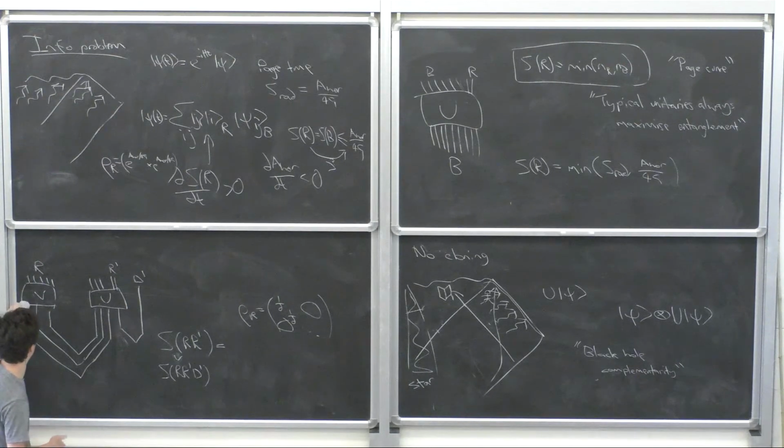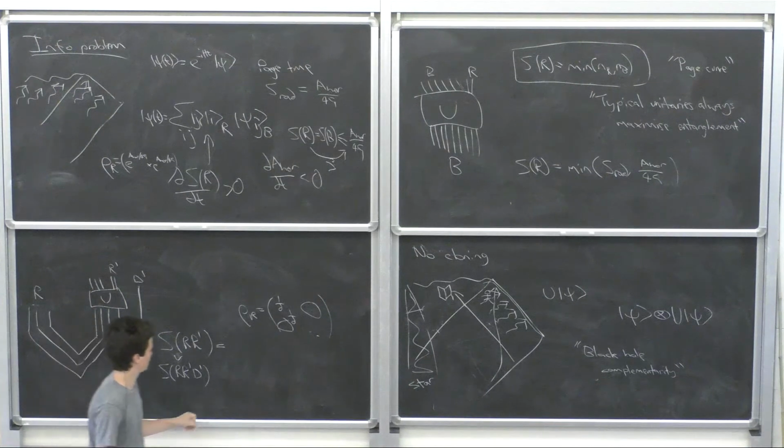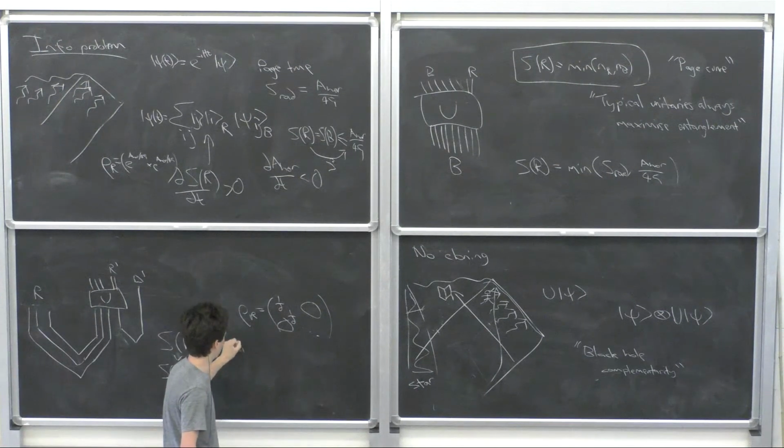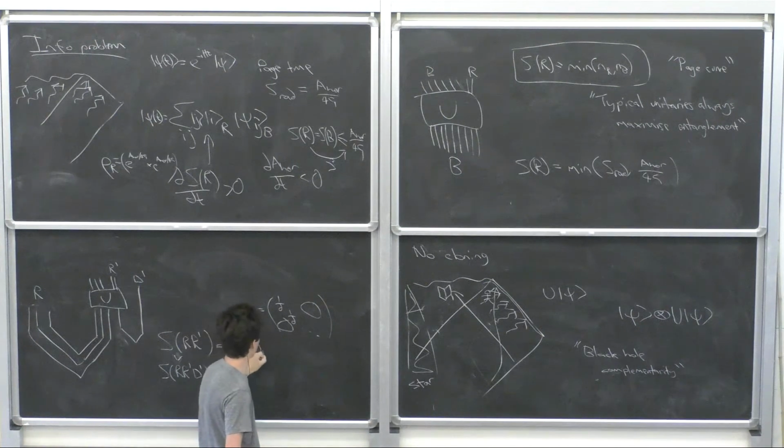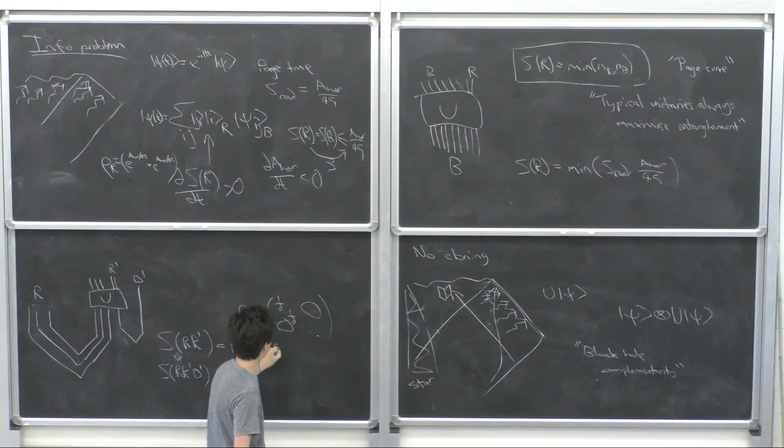Forget about this isometry V. Let's just imagine R is down here. We're just going to do the same thing: the entropy of R and R prime has to be smaller than both the number of qubits in R plus the number in R prime.